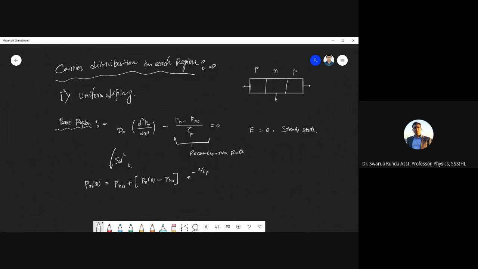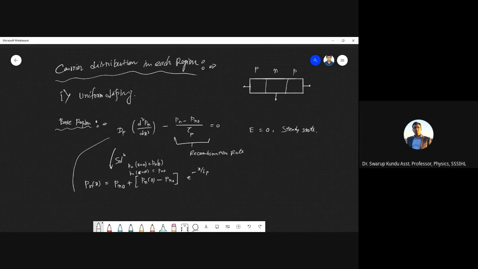We had p_n at x equals 0 as p_no, and p_n at x equals infinity as p_no. With these boundary conditions, we derived this.